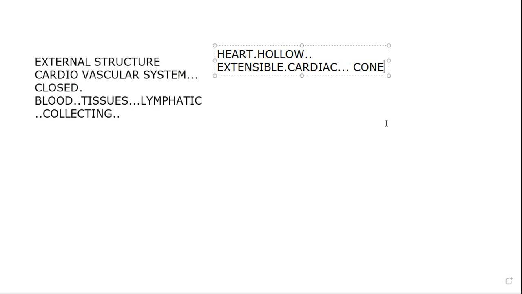The blunt rounded part is the apex, and the flat part that is at the opposite end of the cone is the base. ठीक है, तो इसमें ये है कि it is conical in shape and it has two ends. One is the base and one is the apex.